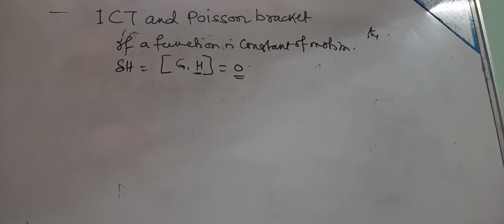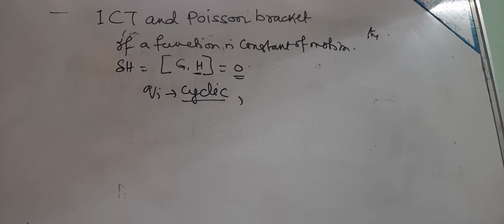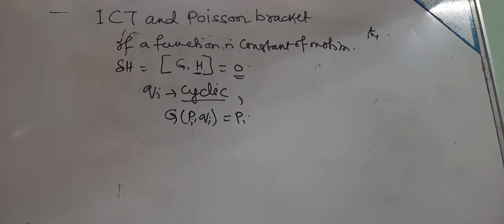What it says is, if the coordinate qj is cyclic, then the Hamiltonian is independent of qj. So the transformation is generated by the generalized momentum conjugate to qj, that is g equal to pj, because our qj is cyclic, so the generating function will be only pj.